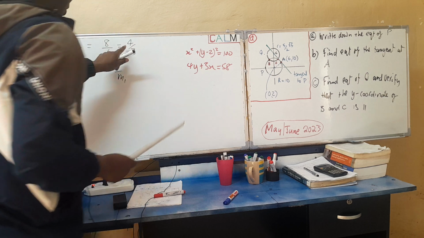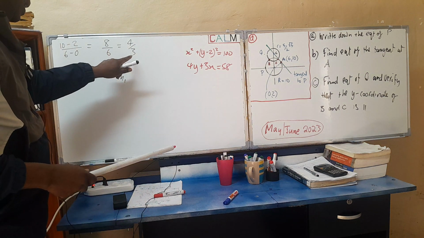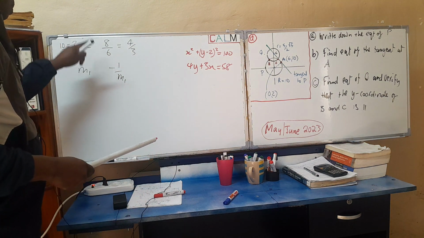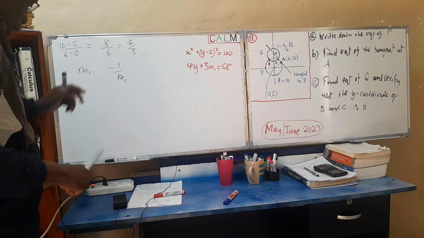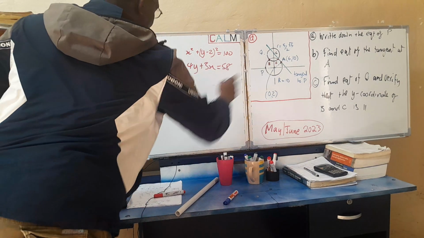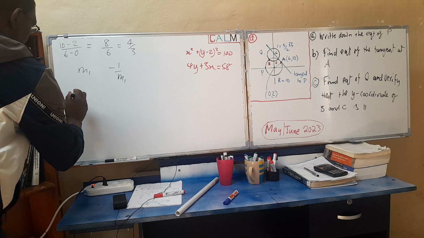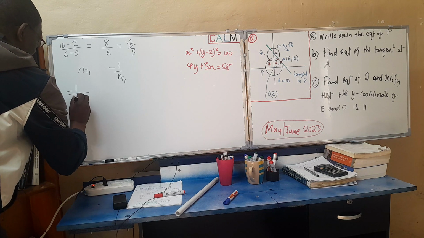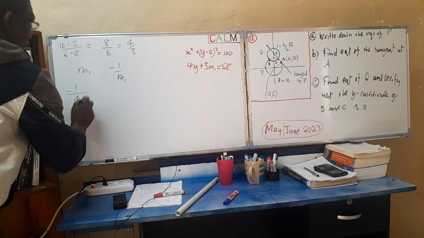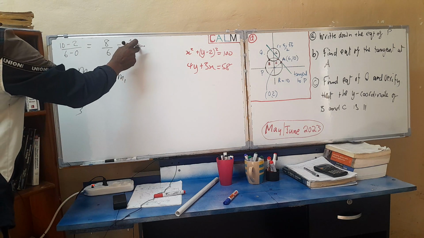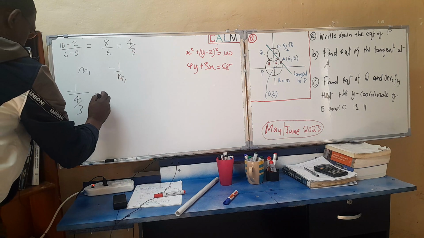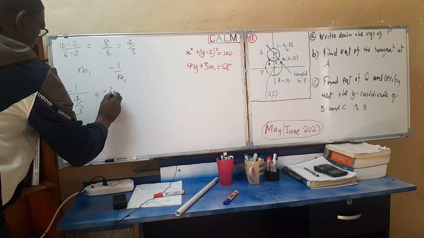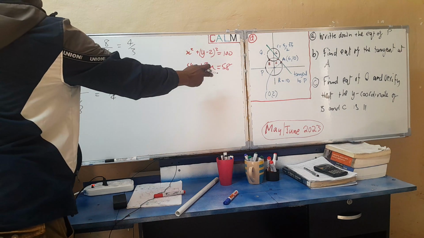So if this line has gradient 4 over 3, then the other one has gradient minus 1 over 4 over 3. So the gradient of the tangent will be equal to minus 1 over 4 over 3, the negative of 1 over this one, which of course is minus 3 over 4, as we had found.